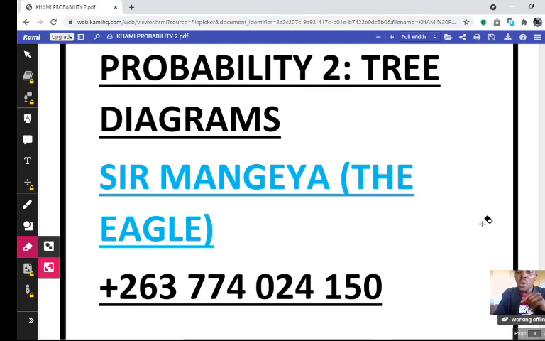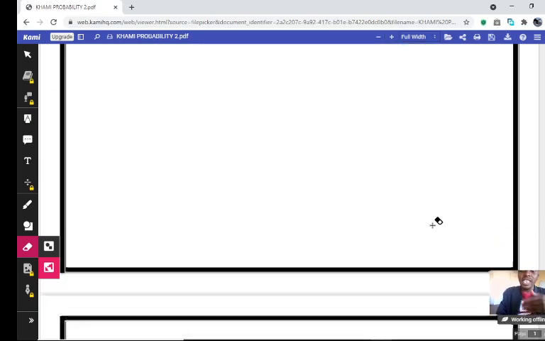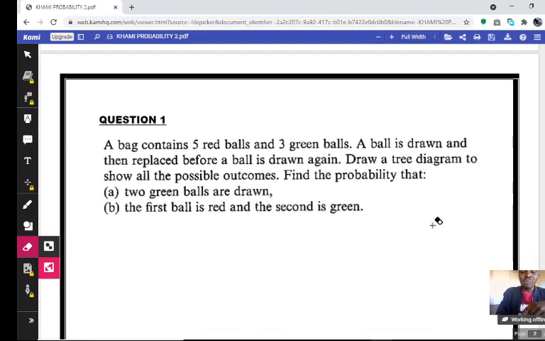Okay, let's go into the deeper part of it. The first part that you have to understand basically is when to use and how to use tree diagrams. Tree diagrams are used when there is more than one draw that has been made.